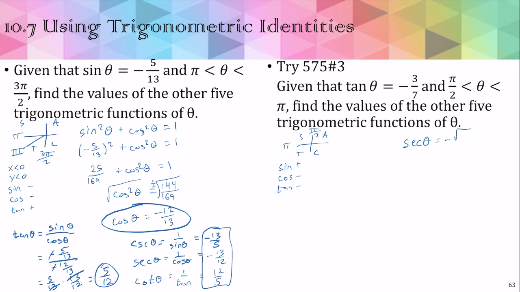Secant is negative square root of 58 over 7. Cosine is negative 7 square root of 58 over 58. Sine is 3 square root of 58 over 58. Cosecant is square root of 58 over 3. And cotangent is negative 7 over 3.